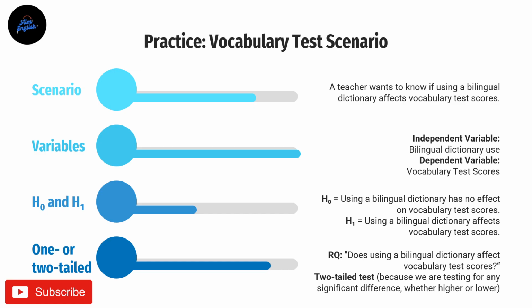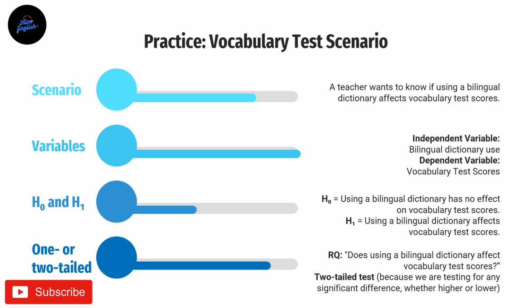Then, if we are asked to formulate the hypothesis, the null hypothesis of this scenario is: using a bilingual dictionary has no effect on vocabulary test score. And the alternative hypothesis is: using a bilingual dictionary affects vocabulary test score. Then if we are asked to create our research question, we can formulate it as: does using a bilingual dictionary affect vocabulary test score?